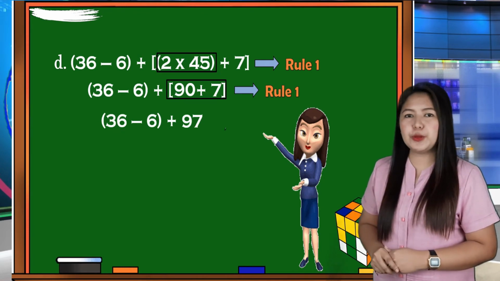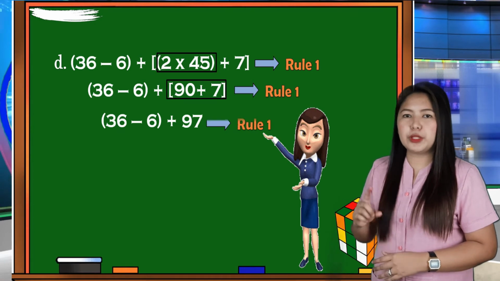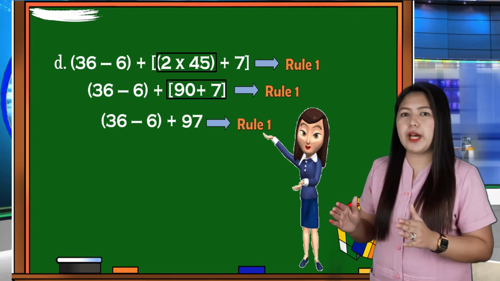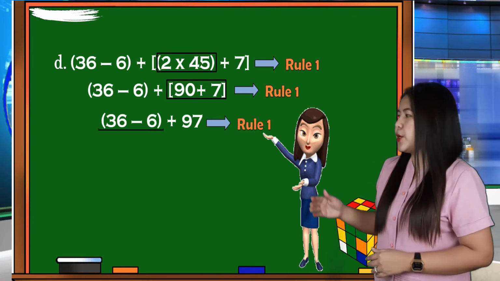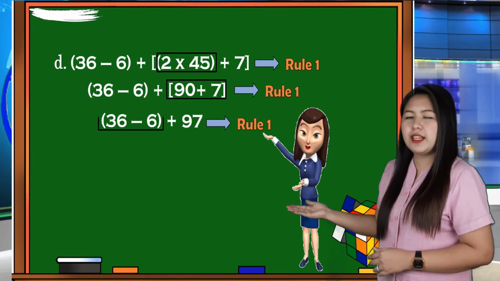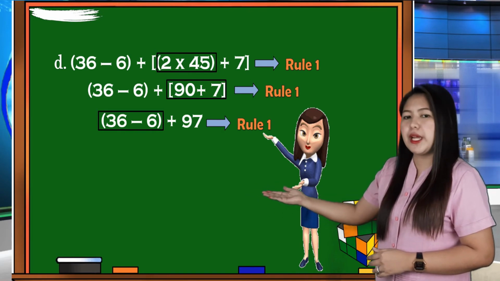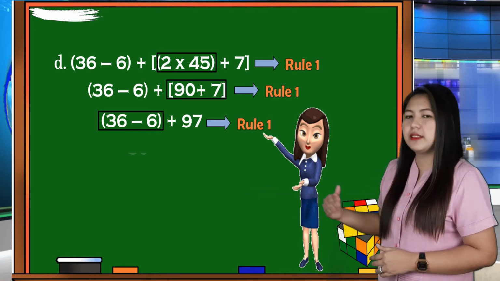Ano isusunod natin na rule? So, isusunod natin rule number 1, yung nasa loob ng bracket. So, 90 plus 7 is 97. Bring down 36 minus 6 plus.